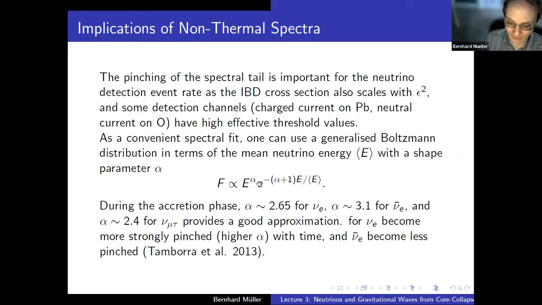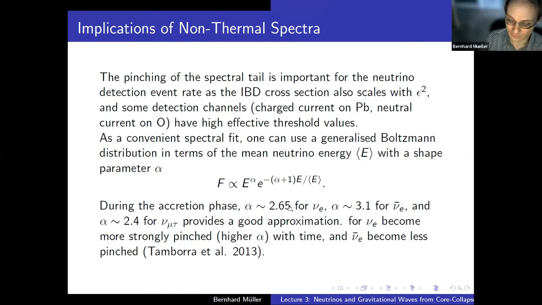It's quite useful for many purposes, be it estimations of detection rates, or also post-processing of simulation data for nucleosynthesis, where you need the neutrino energy fluxes as input to parameterize the spectrum using such simple shape factors. The big advantage is that these tend to be rather robust through these important big phases of the supernova neutrino signal.